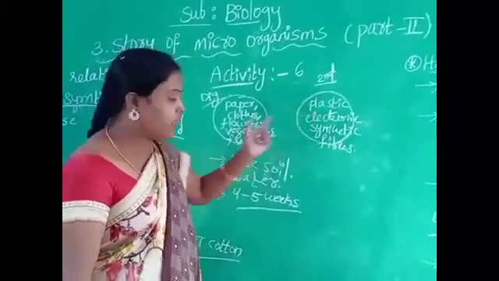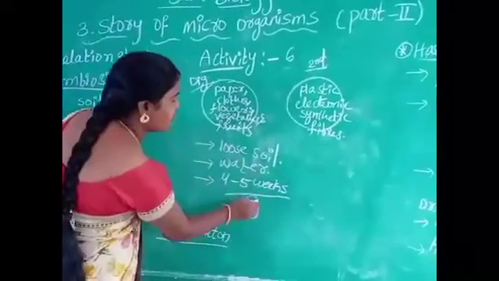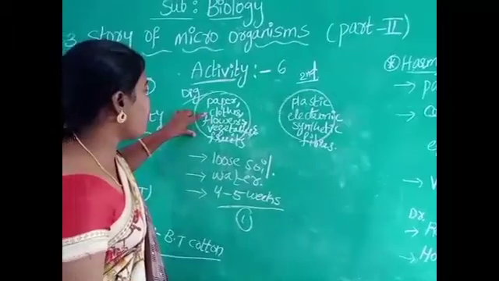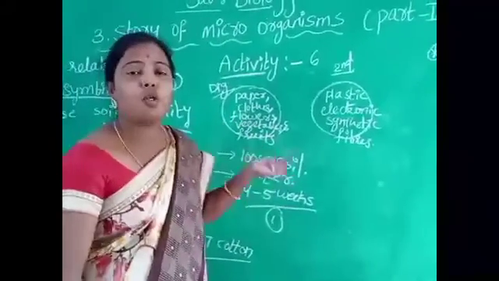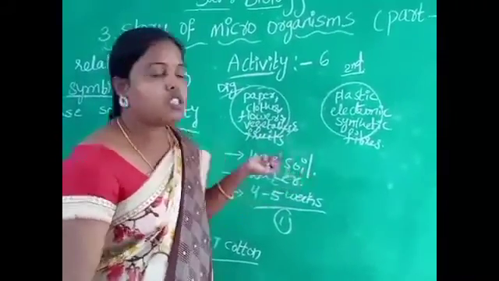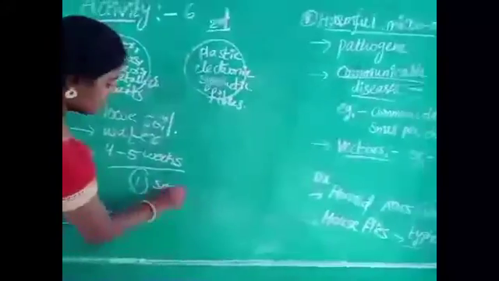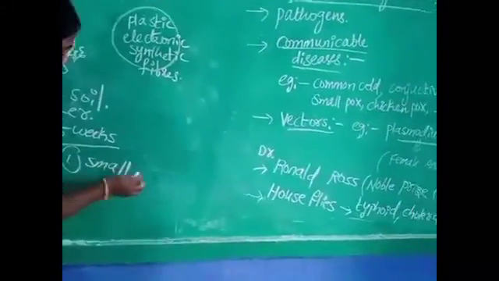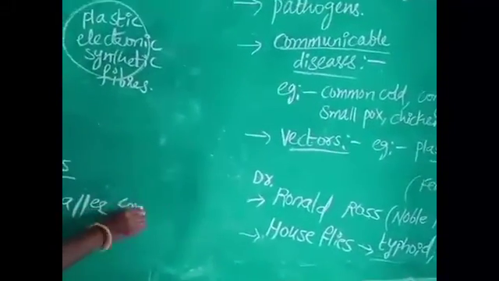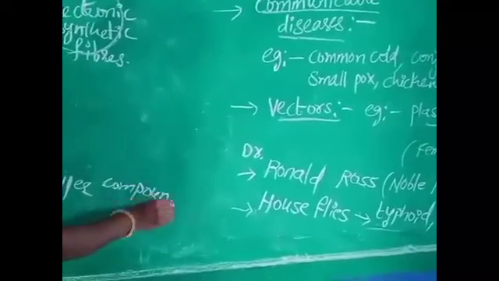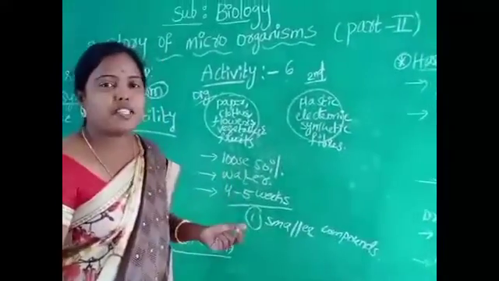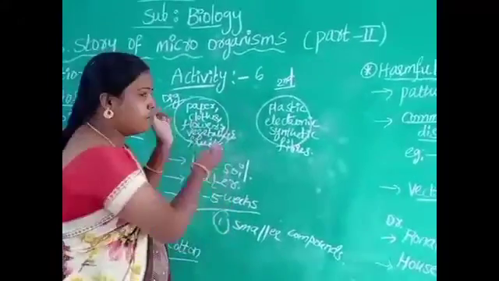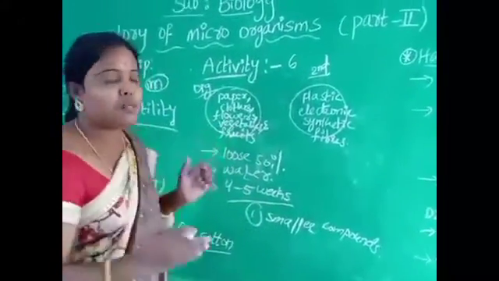What happens in the first hole? The paper, clothes, flowers, vegetables and fruits are decomposed into smaller compounds. Who is responsible for converting these big substances into small substances?